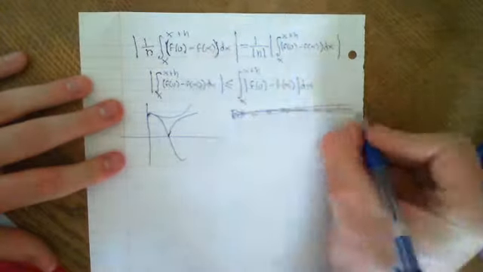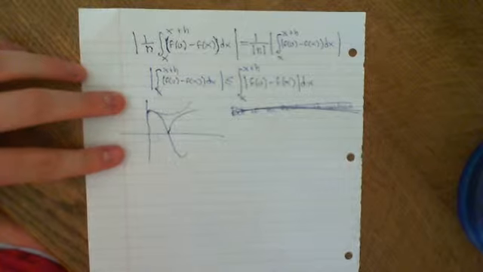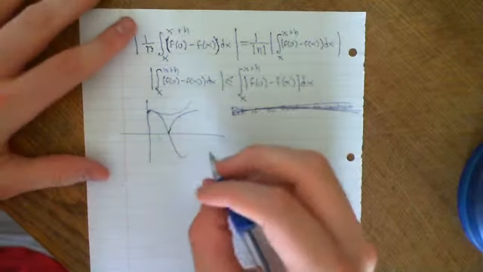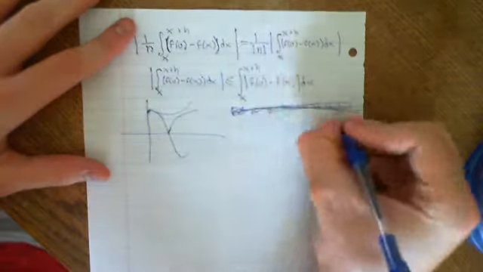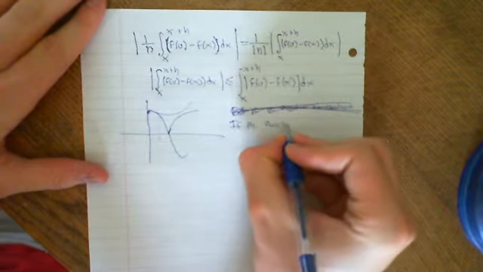No, it doesn't need to be continuous, sorry. Or does it? Just trying to think now. No, it does need to be continuous. It does, yes, sorry. If the function is continuous, and I'll explain why it needs to be continuous.